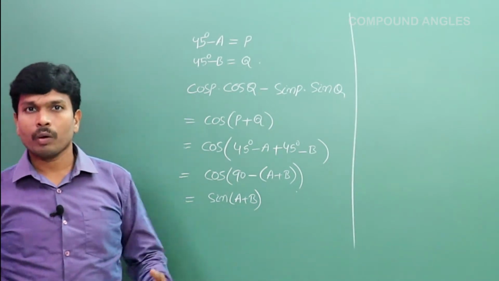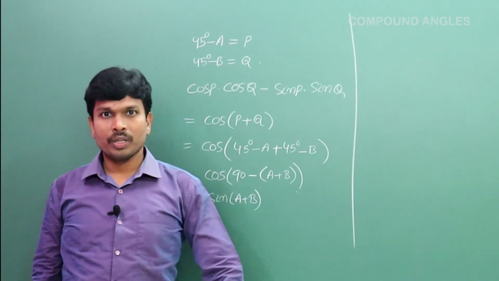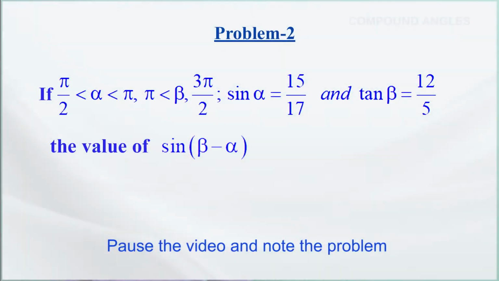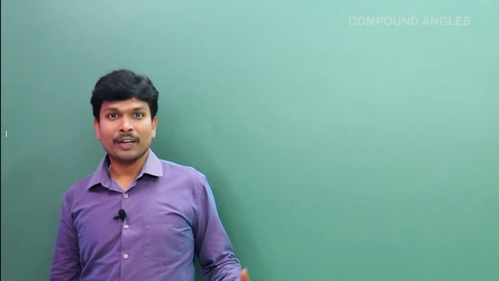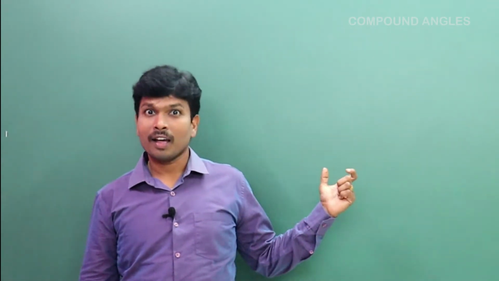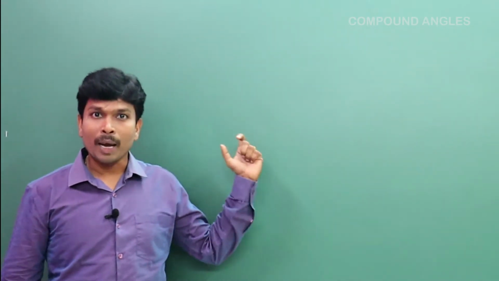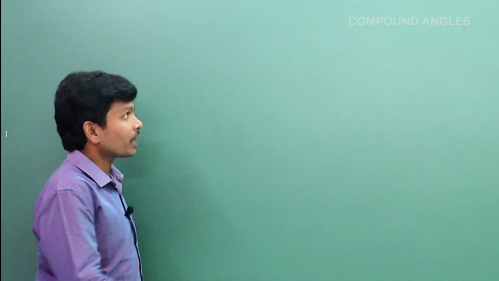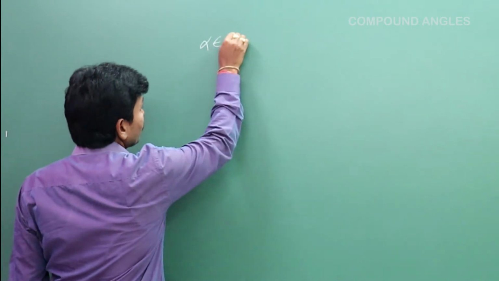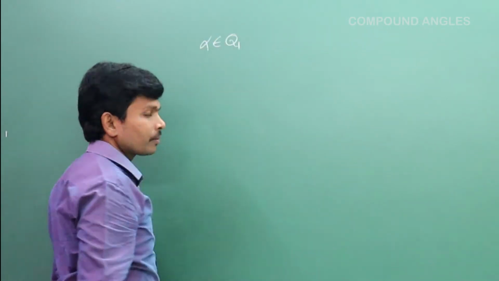One more problem. Get ready to do it. Observe this problem. From the problem, can you say alpha lies in, because pi by 2 less than alpha less than pi is nothing but alpha belongs to Q1?